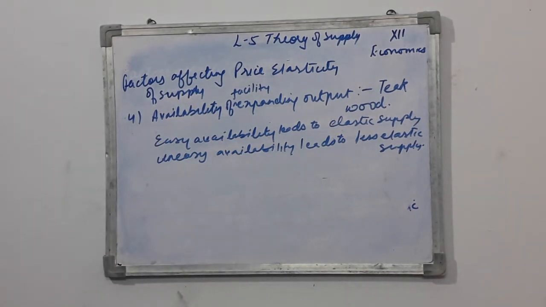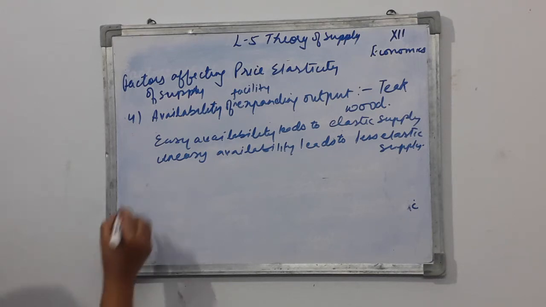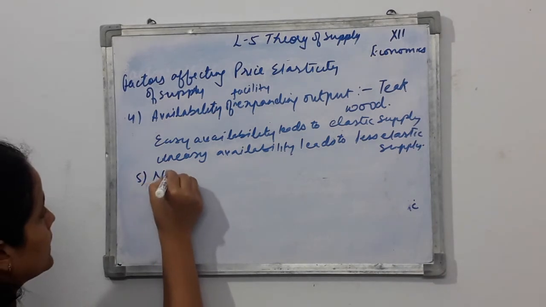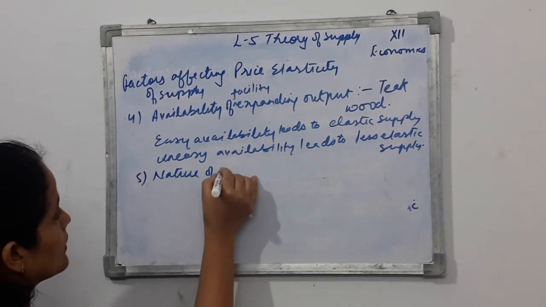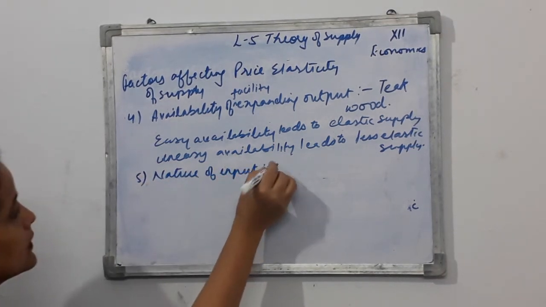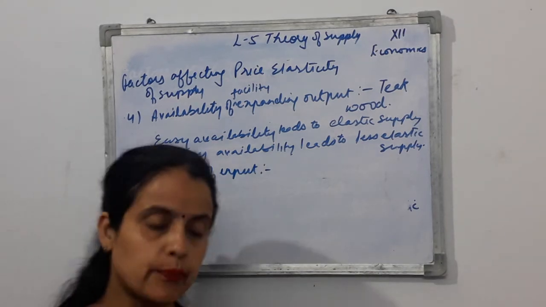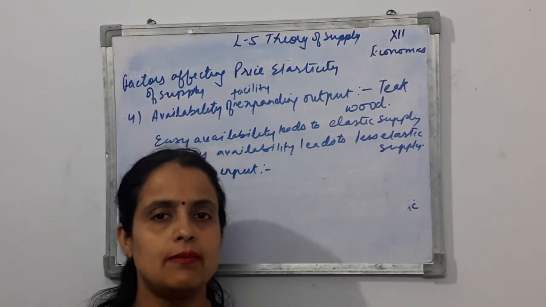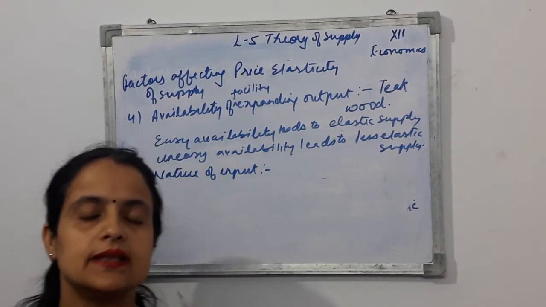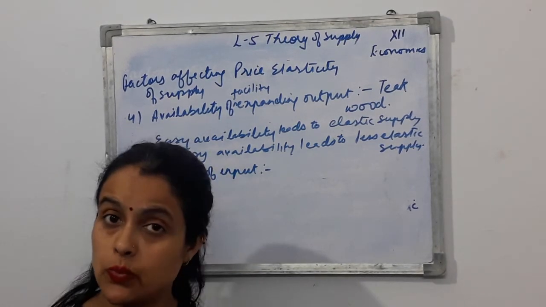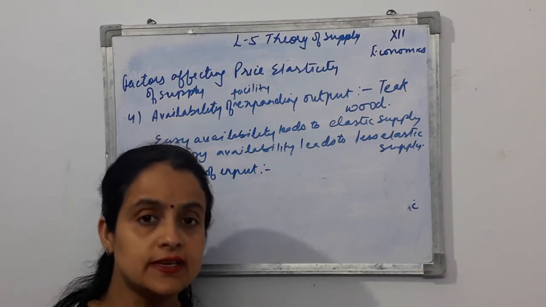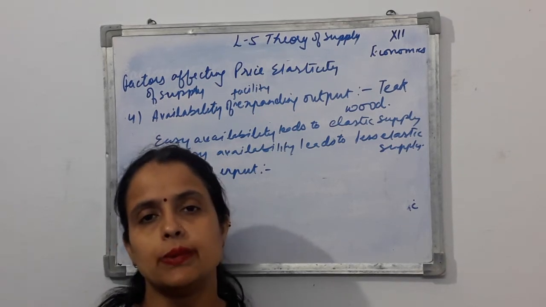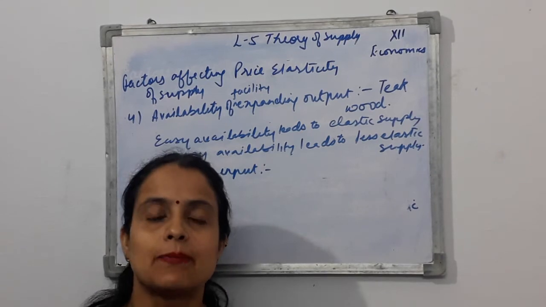Nature of input. Right, if the input which is required by the producer is easily available, is easily accessible, then the production is going to be more feasible, and there will be elastic supply of the product.